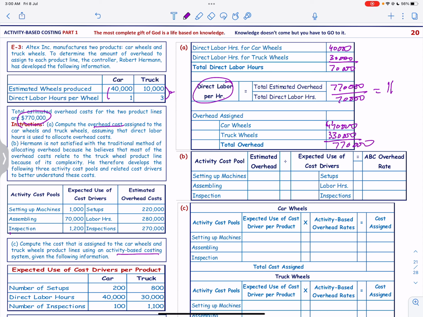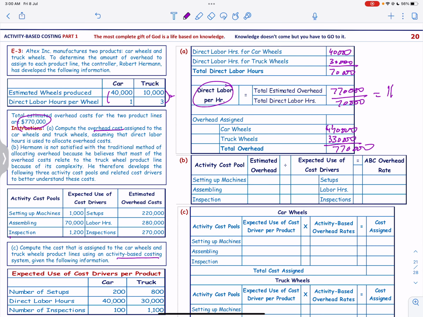Next we have the activity cost pools, and we have part B now, as you can see. So let us see what comes out. We have the 3 activity cost pools, and the estimated overhead is 220,000, 280,000, and 270,000.